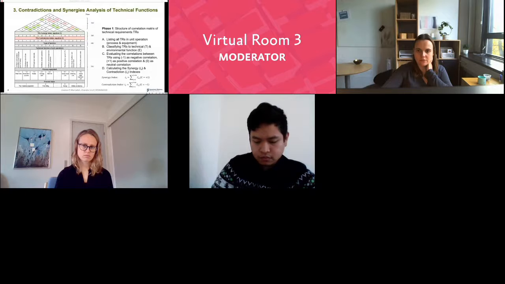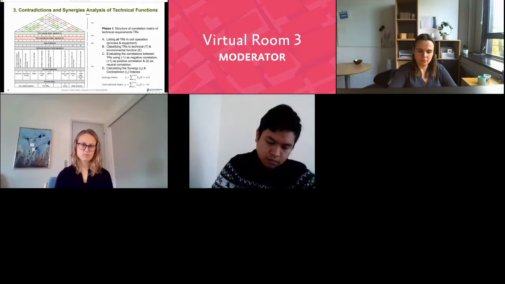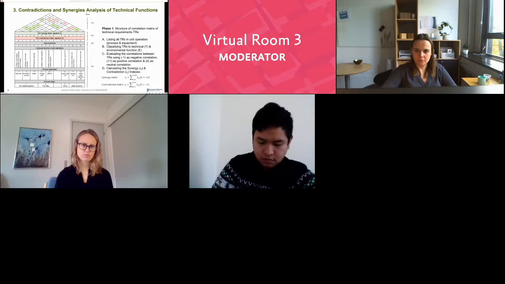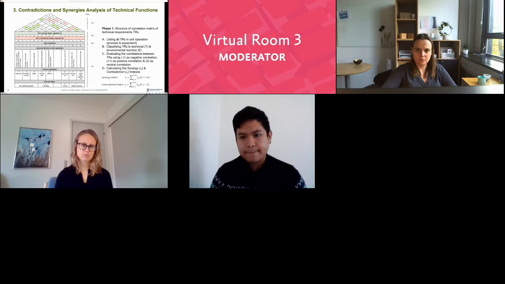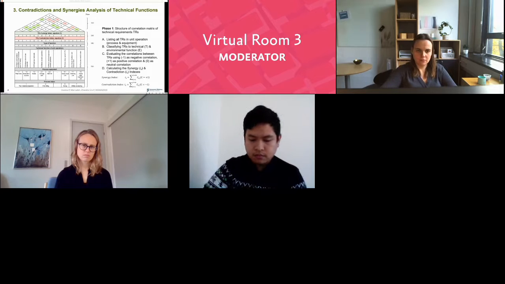In the first step, one should analyze contradiction and synergies between the technical functions of the process. For this purpose, one should list all technical functions and evaluate possible correlations between these functions, using +1 if the improvement of the performance of one function leads to the improvement of another one, and -1 if the improvement of the function leads to a change to the worse of the parameter in another function.